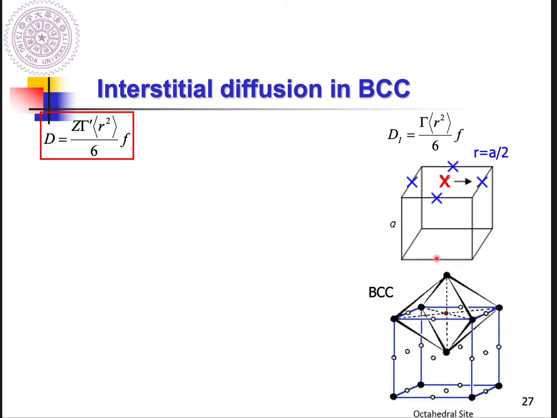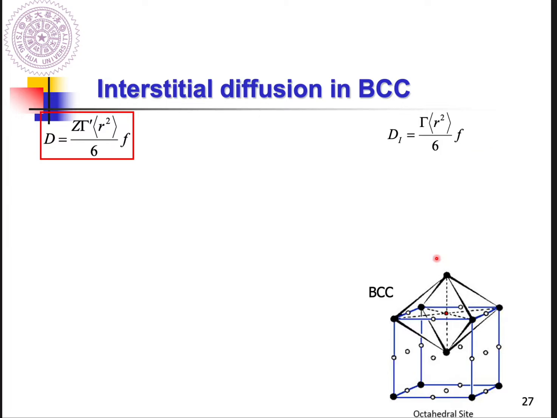So if we assume we have a BCC material, and interstitial diffusion happens in this BCC structure through the octahedral interstitial site.